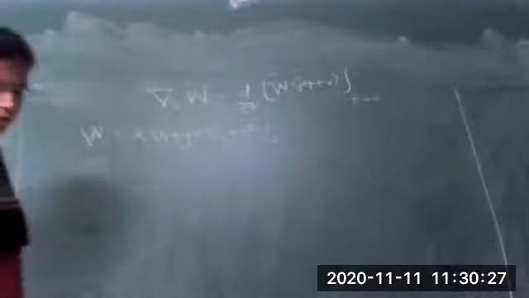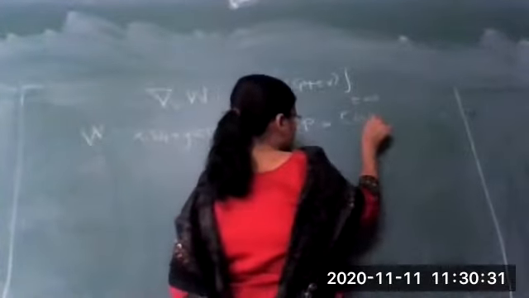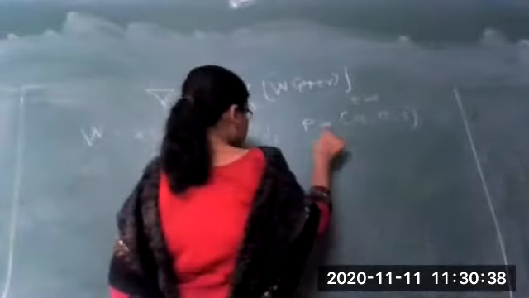P is equal to (4, 0, 1). And V is equal to (1, 2, 1).